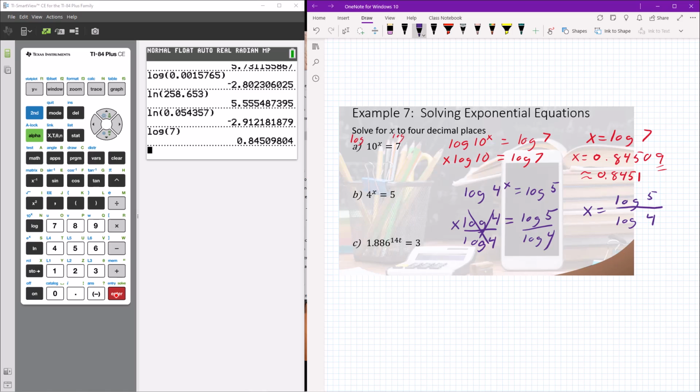Okay, since these are ratios of common logs and not logs of a ratio, there's really nothing we can do here. We'll just have to basically evaluate that. But that's not that big of a problem. Over here, log of 5 divided by log of 4.